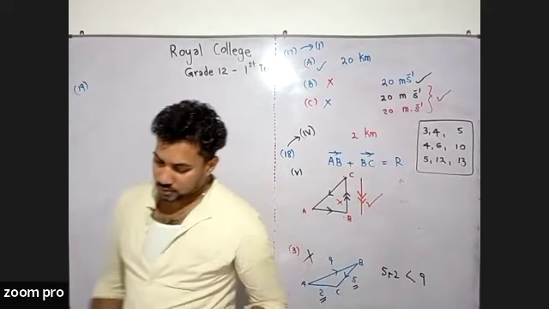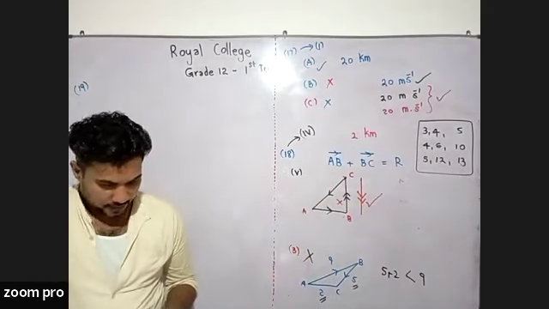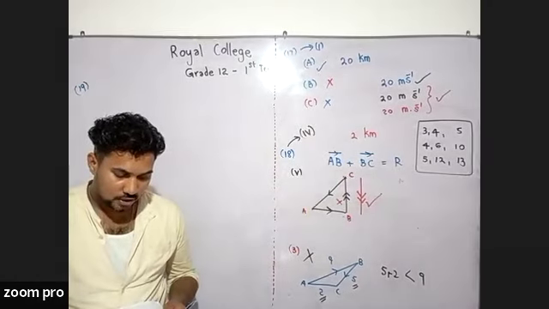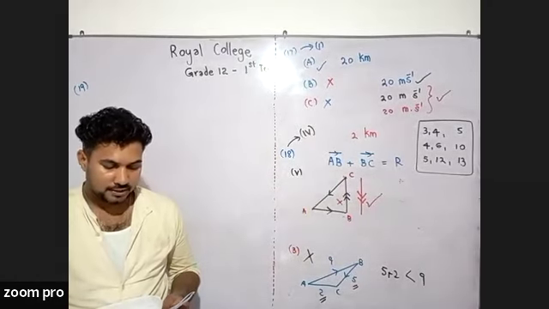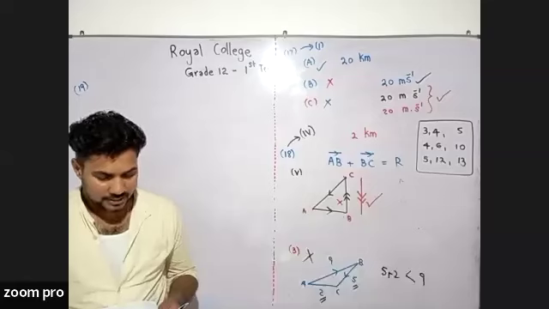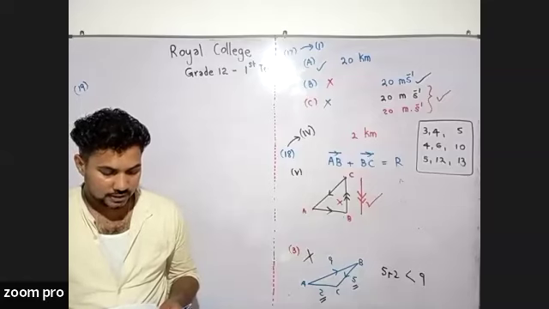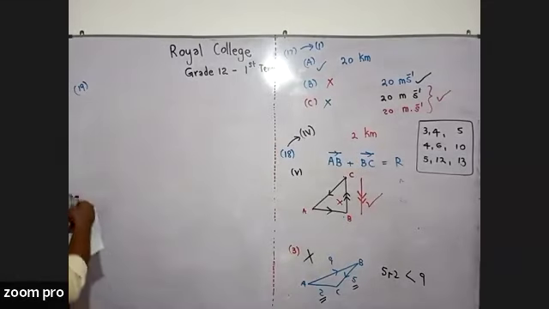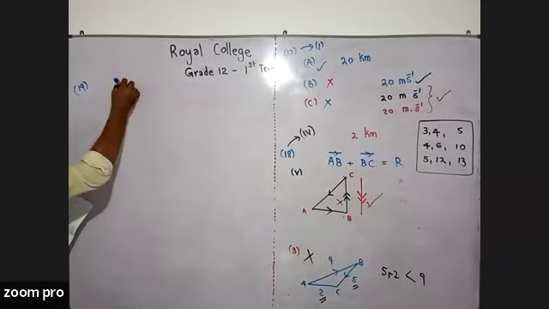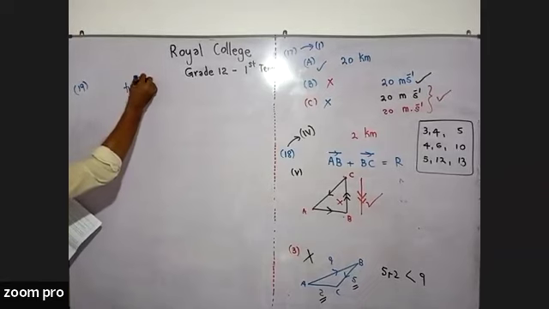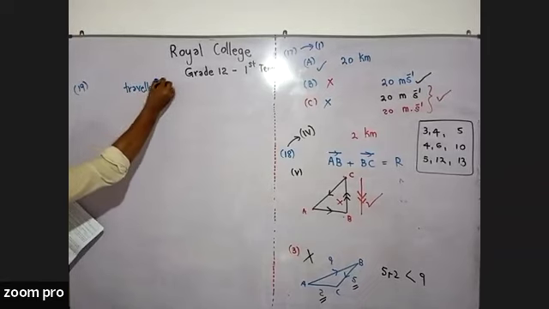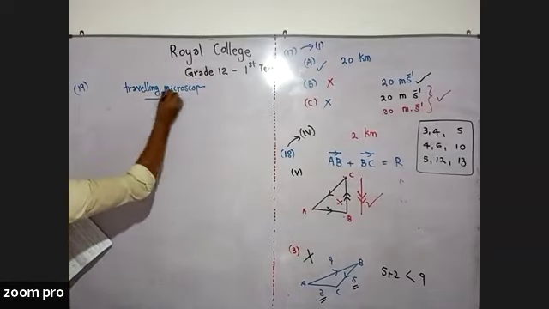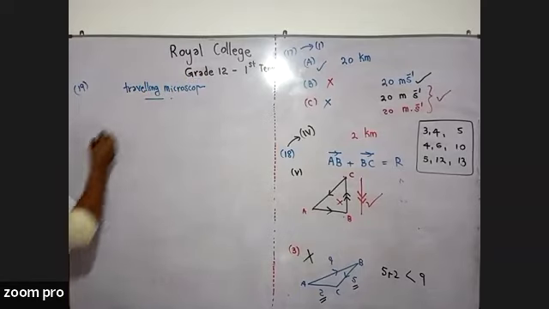Let's go through the statements. A: When the traveling microscope is focused on an object, the distance between the eyepiece and the objective needs to be changed, right? Guys, in a traveling microscope, let's pay our attention to the microscope.